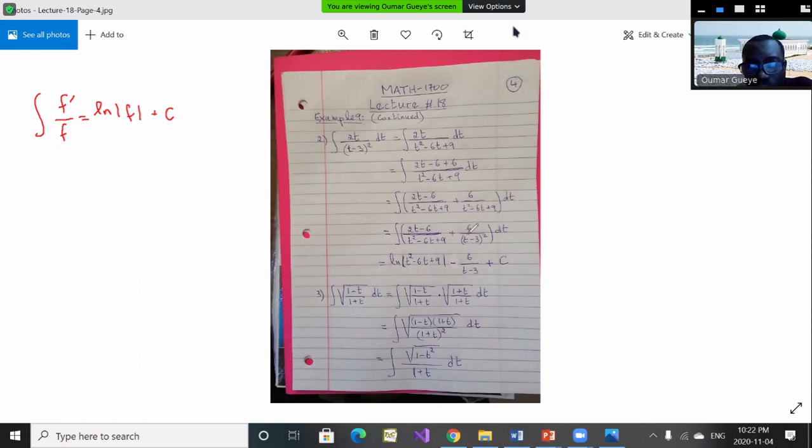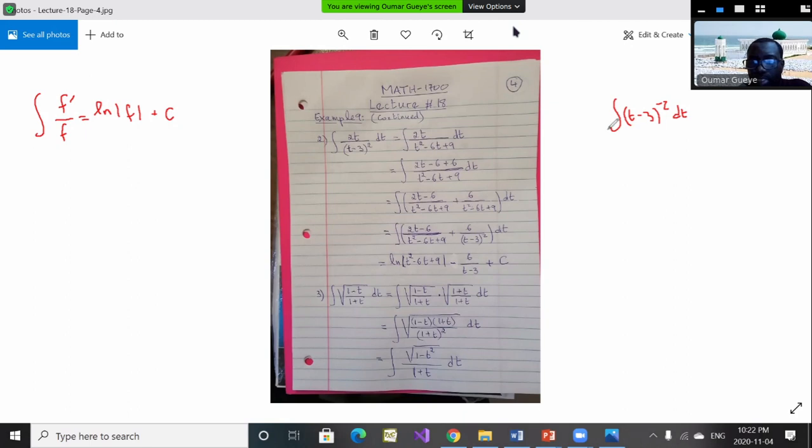And for the second one, this is just exactly calculating the integral of t minus 3 to the power negative 2. Right? Is this part here.